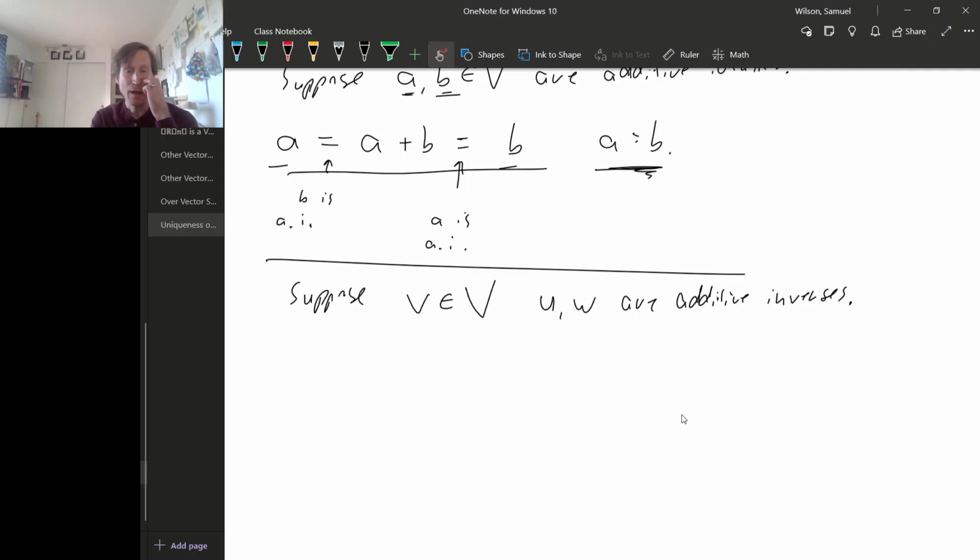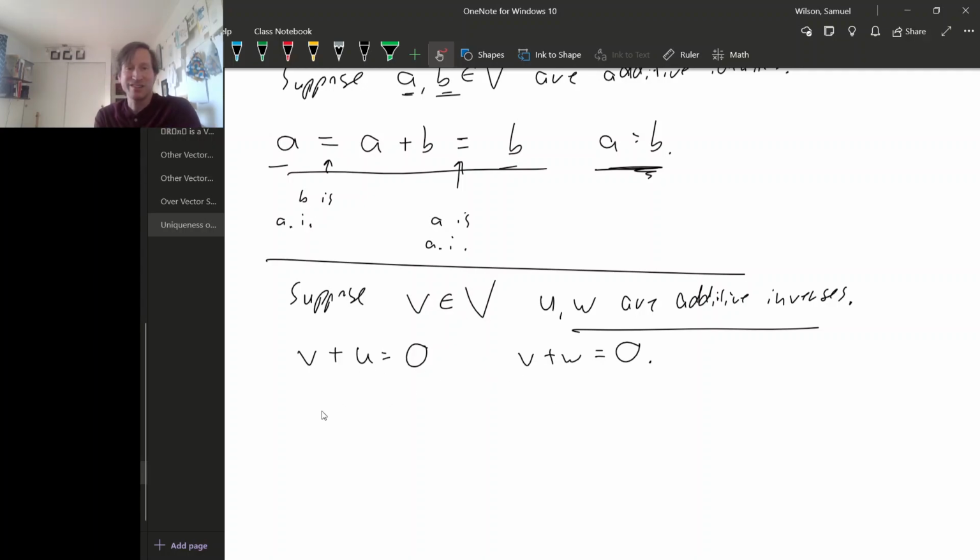Well, what this assumption means is that V plus U is equal to the zero vector, and also V plus W is equal to the zero vector, right? So this is what we're assuming.